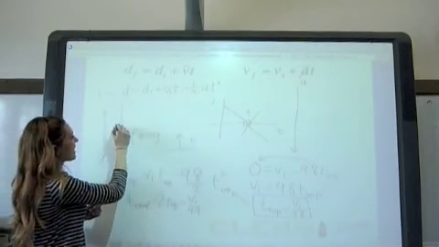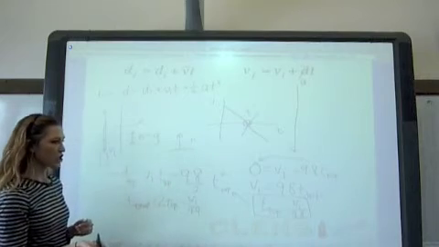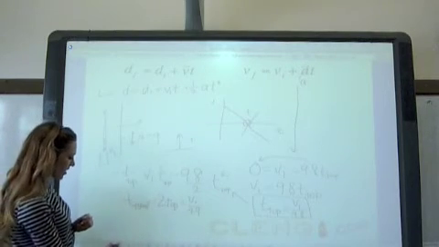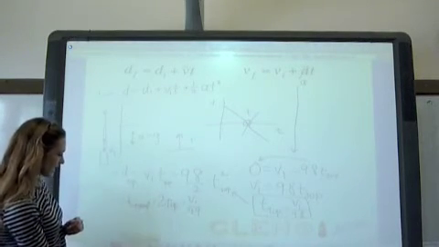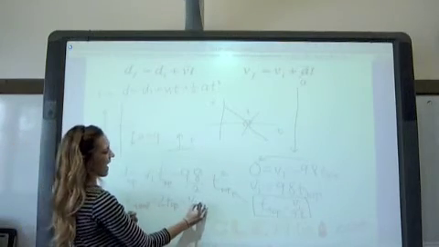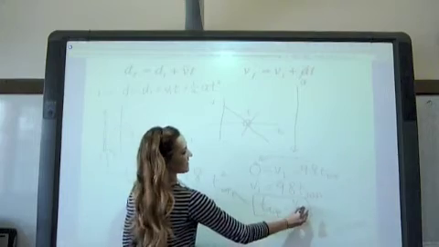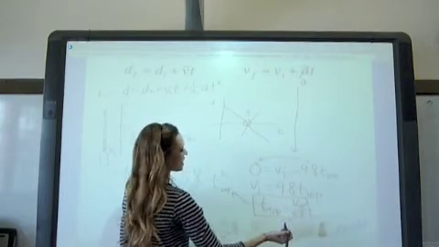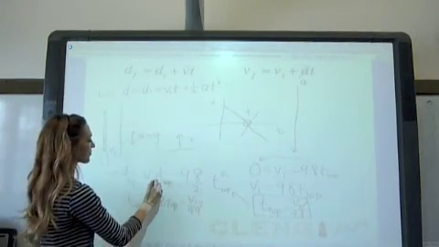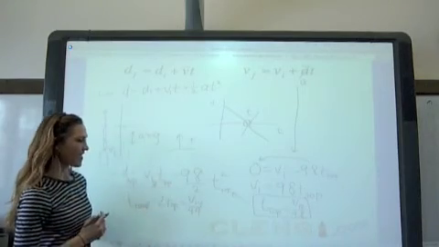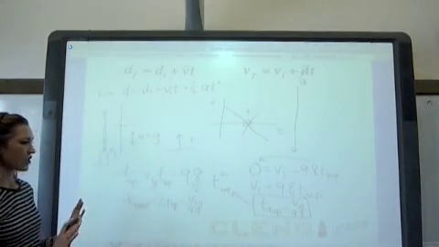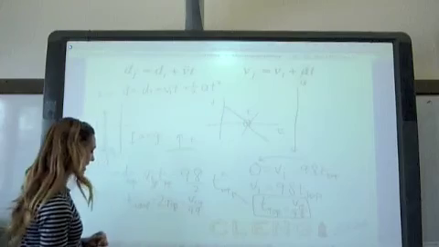So when you change to projectiles in 2 dimensions, wherever I have a vi, you're going to say that's vi in the y direction. So these ones are vi in the y direction. And that's just going to change it up a little bit, but it's nothing big.